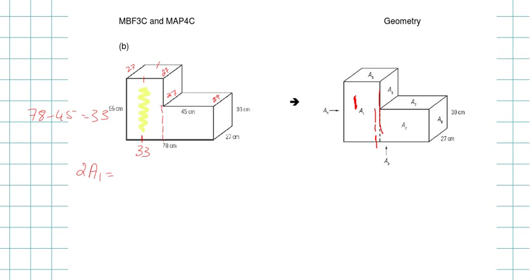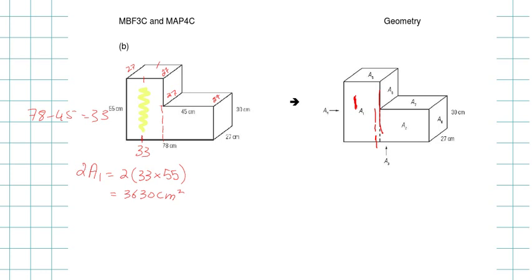So I have 2 times 33 times 55, which is 3630, and that's centimeters squared. Are we okay with this?